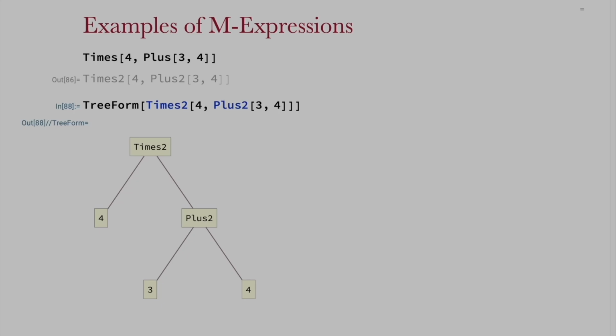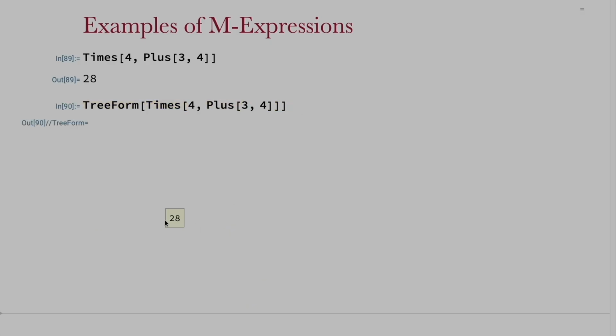The global rule base is the set of all rules that Mathematica knows about how to manipulate and evaluate M-expressions. So if I do that, Mathematica evaluates the expression to what it should be: 3 plus 4 is 7, 7 times 4 is 28. And if I try to do this within TreeForm, I get just 28.